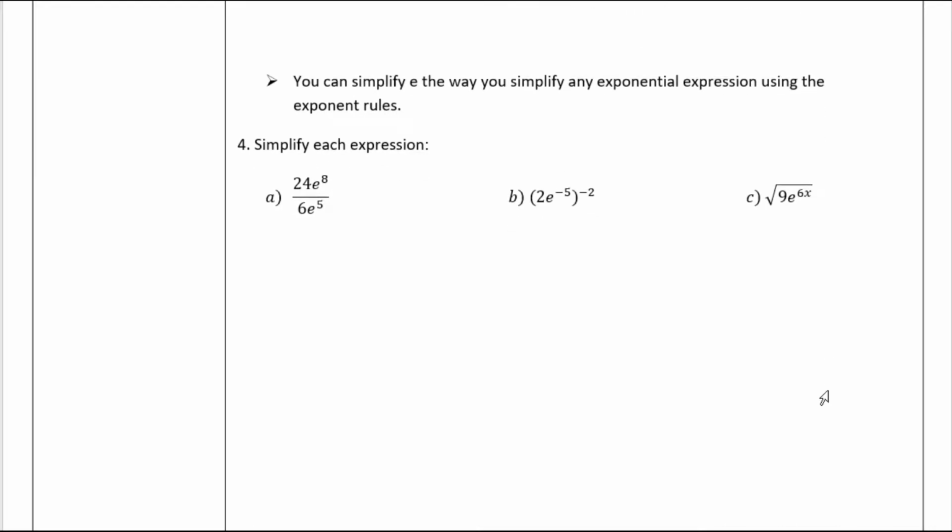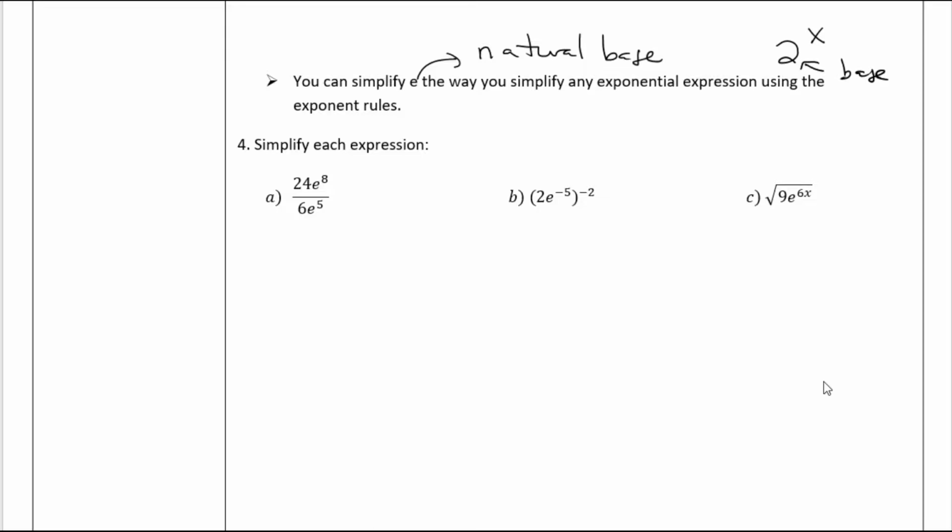All right. So now, just dealing with e, you can simplify e the way you simplify any other exponential expression. e is just a base. In fact, e is called the natural base. Remember, the base is the number that has the exponent. So if you had 2 to the x power, that's your base.